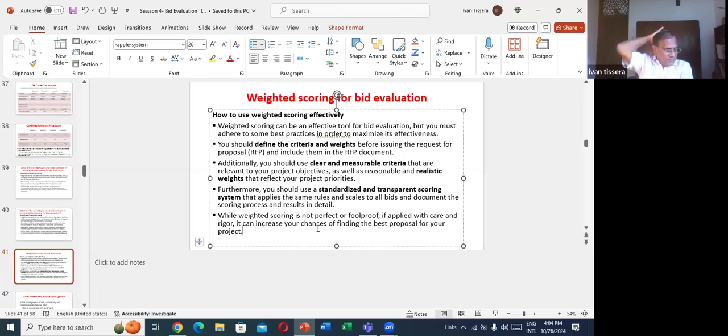So that you objectively select. While weighted scoring is not perfect or foolproof, if applied with care and rigor, it can increase your chances of finding the best proposal for your project.